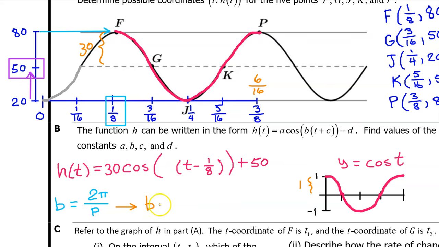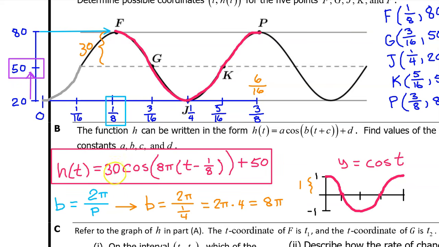Therefore, the b value is going to equal 2 pi divided by 1/4. When you divide by a fraction, you multiply by the reciprocal. So this will equal 2 pi times 4. So the value of b is 8 pi. And we can just fill that in right here.